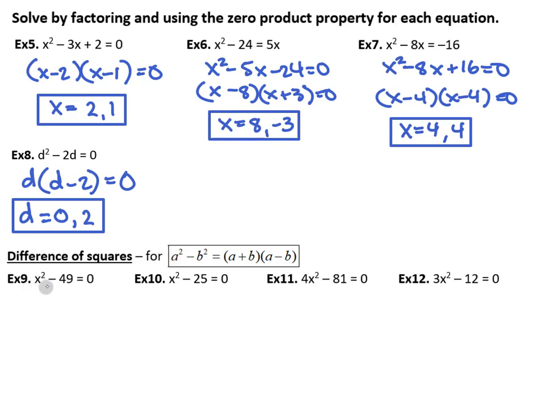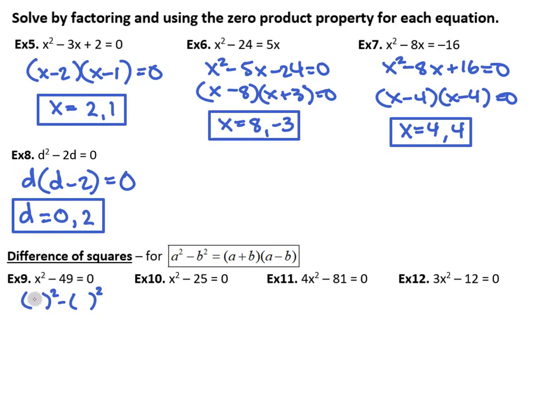So as we look at example 9, the first thing I notice, there is no greatest common factor, but it has two terms similar to our difference of squares, and there's subtraction between them. So I want to look at x squared and 49 and determine if they're both perfect squares, which they are. To find the values that we're going to plug in for a and b in our formula, we need to figure out what value is being squared to create each of these.